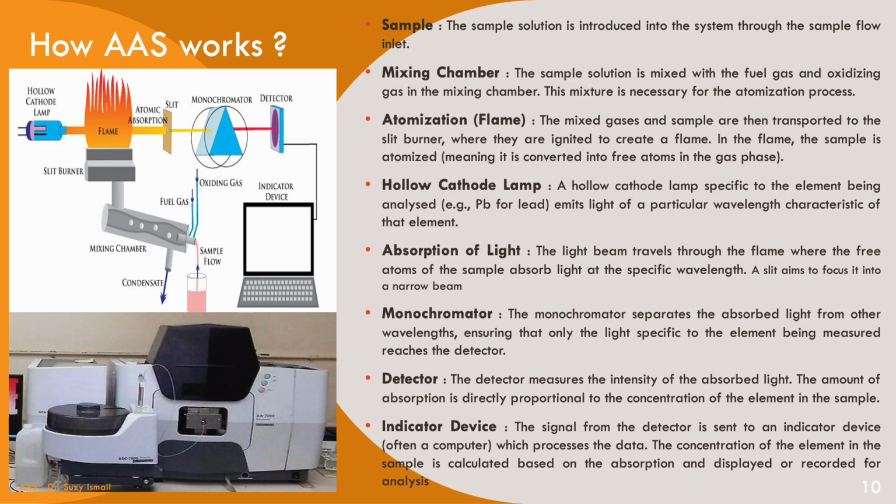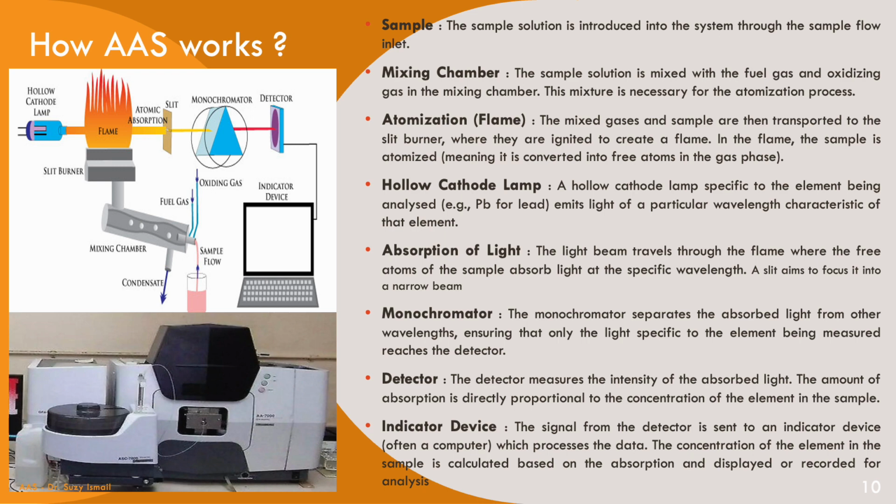The monochromator separates the absorbed light from other wavelengths, ensuring that only the light specific to the element being measured reaches the detector. The parts of the monochromator, detector and indicator device are almost similar to what we had in the UV-Vis earlier.